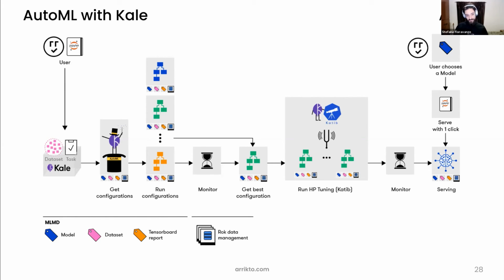Then Kale goes through the process of generating suggestions, models, training them, working through hyperparameter tuning, getting the best results, and then serving the best resulting models for you to then validate, all in an automated fashion, just starting from a single API call. And actually, you can see this running live by going through one of our tutorials. I'll mention where you can find it in the end.